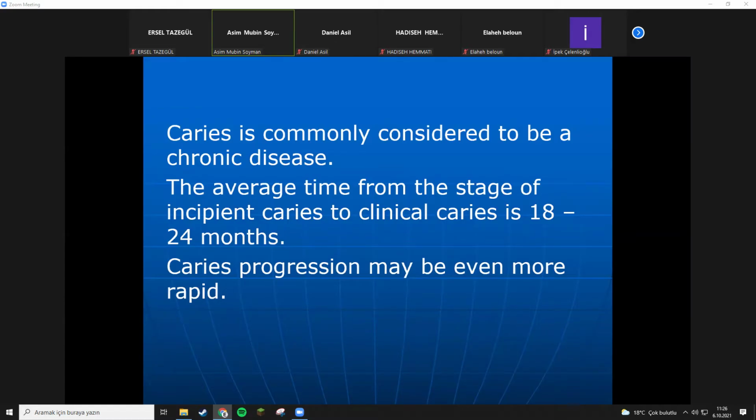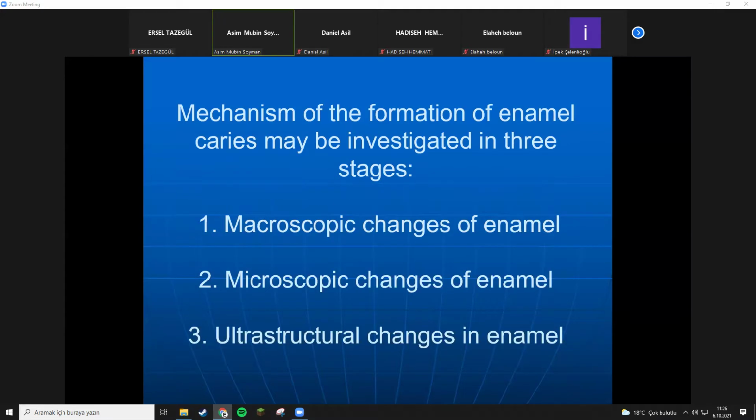So you have time to prevent it. But the mechanism for the formation of enamel caries may be investigated in 3 stages. And we are going to study one by one: macroscopic changes of enamel, microscopic changes of enamel, and ultrastructural changes of enamel.